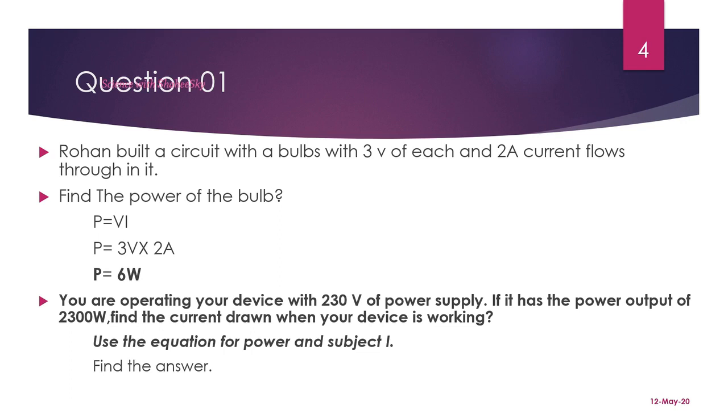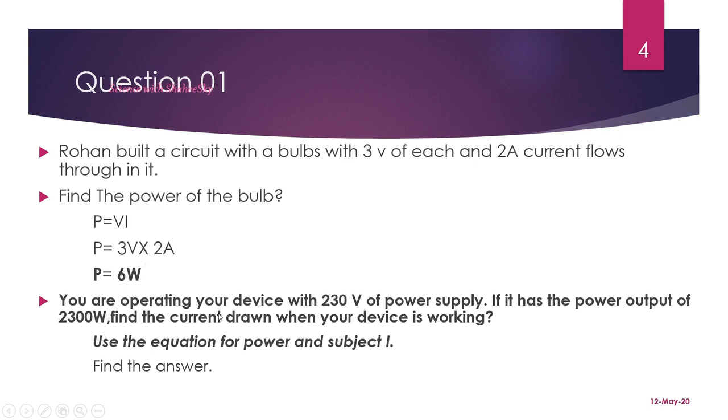We'll see the next question. You're operating your device with a 230 volt power supply. If it has a power output of 2300 watts, find the current drawn when your device is working. For this question, you have to apply this equation: P is equal to VI, and substitute all the values they have given.